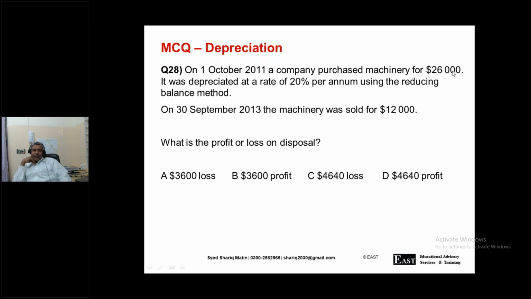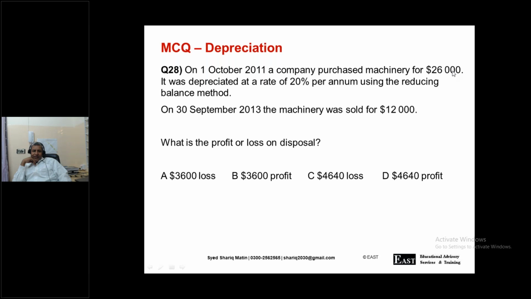So the machinery was bought for 26,000, and over here we have been given the rate of depreciation, which is 20% per annum. Now we bought the machinery on 1st October 2011. That means it was depreciated for 2 years, starting from 1st October 2011 for the year ending 30th September 2012, and then 30th September 2013.